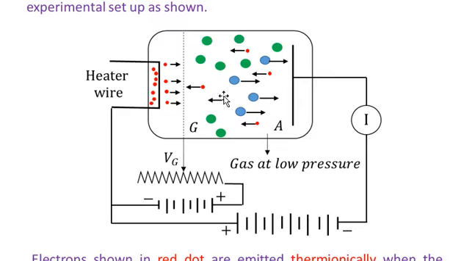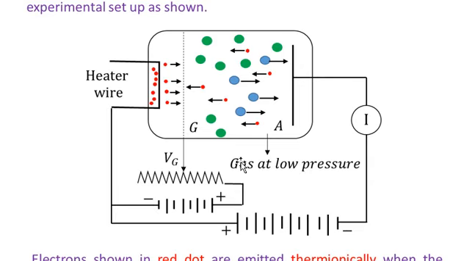The main requirement is the grid voltage. Since the grid voltage is increased from 0, we shall keep on increasing it and keep noticing the current I. Initially the current I will be 0.